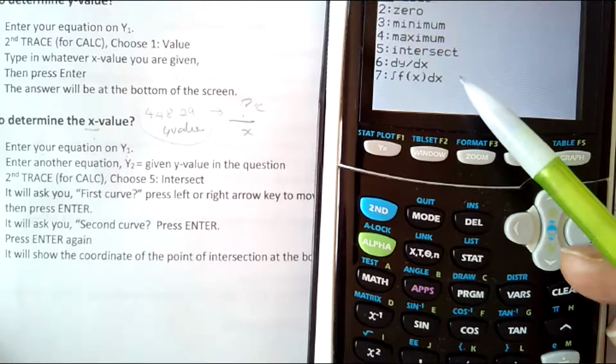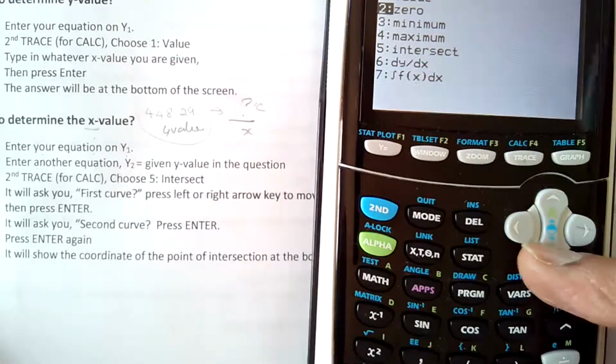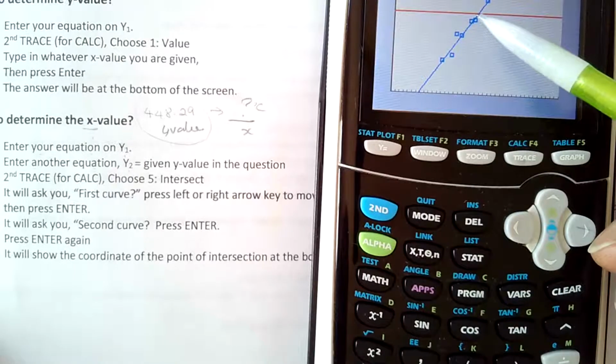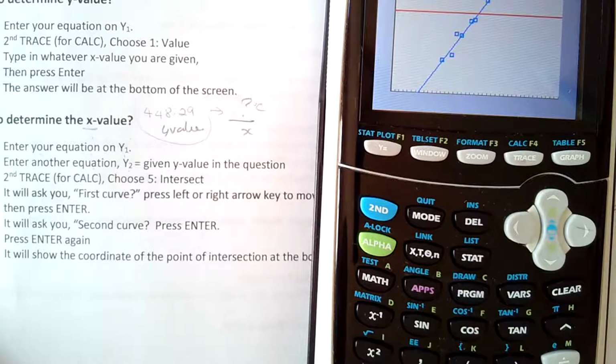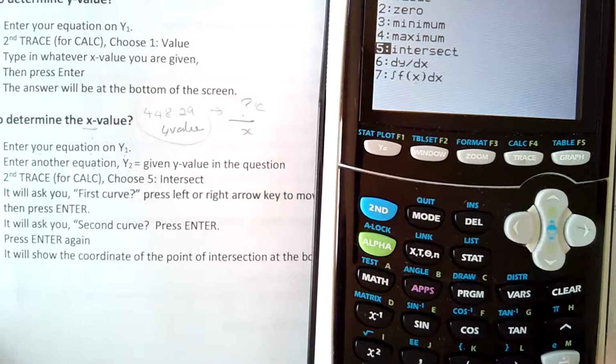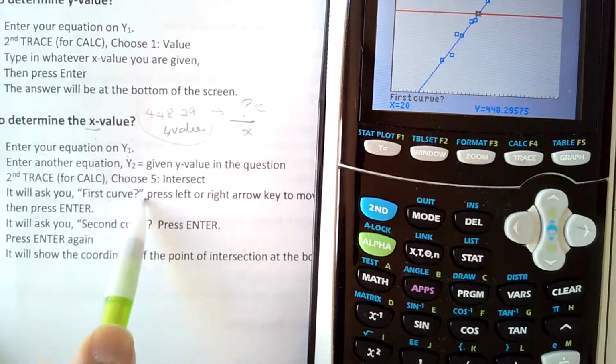I want to go down to intersect, number 5. Basically I'm finding where these two lines meet, and that gives me my X and Y. So second trace, intersect, number 5. They ask you first curve.